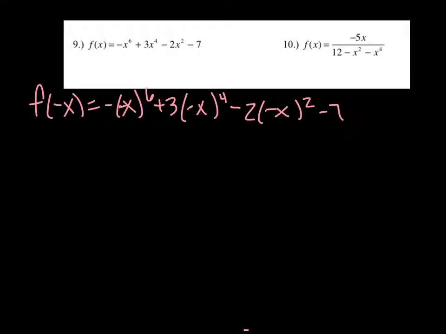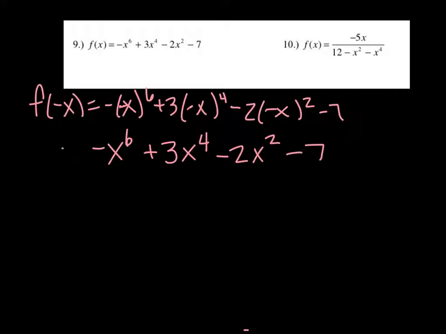So when we plug this negative x in, remember, only the ones with the odd values or odd exponents are going to keep that negative value. So this actually becomes positive x to the 6th, but that negative is still out in front there. Plus 3 positive x to the 4th minus 2 times positive x squared minus 7.